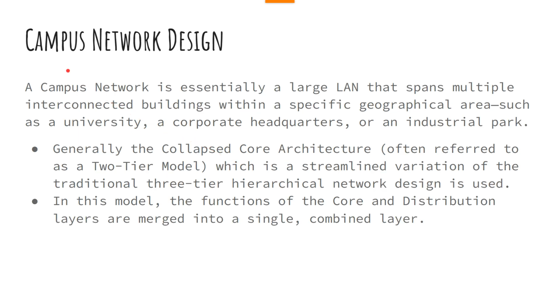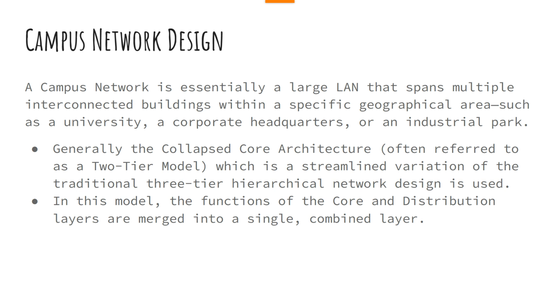The next model that we have is the campus network design. So the 3-tier architecture is good when you're looking at an enterprise kind of network, which is a very large network. But let's say we are looking at a campus setup of our institution. In that case, we do not have a very large campus, but a small to medium-sized campus.